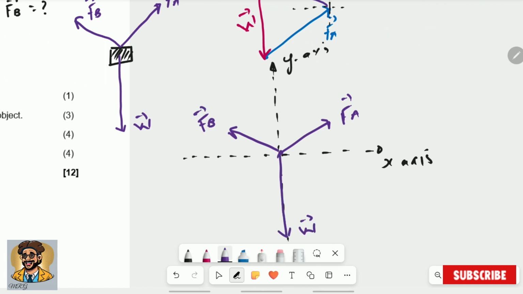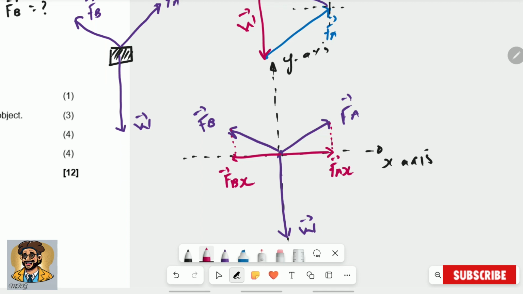You have to get the components of all those forces that are not on the axis. So we get here FA in x, we get here FB in x. Are you with me?